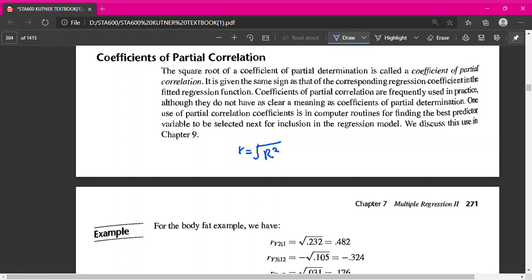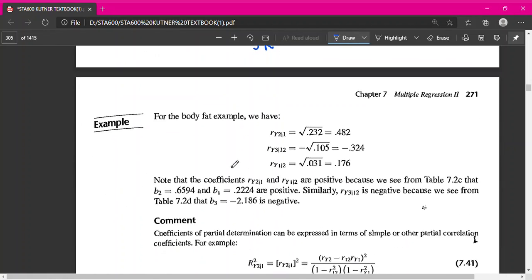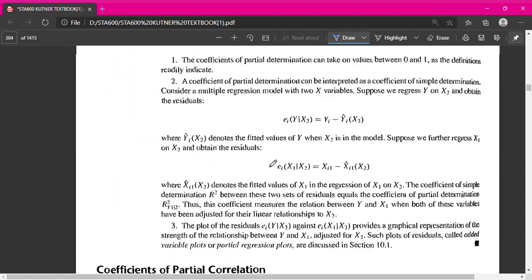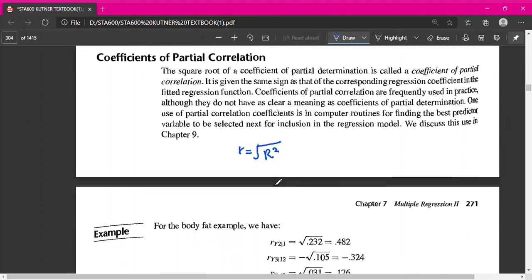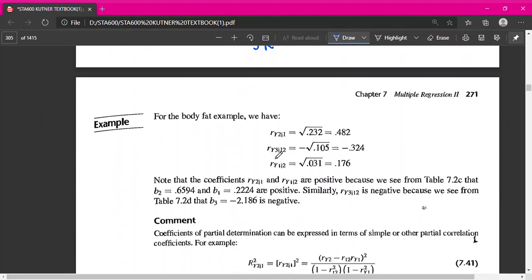Okay, so contohnya, ini contoh yang sama tadi kan kita ada R square tadi. Okay, daripada this R square that we have, kita cari the value of partial correlation R. Okay, bila you square rootkan all the value of R square, actually you akan dapat semua positif kan. Tapi actually the value of R, it can be positive or it can be negative.